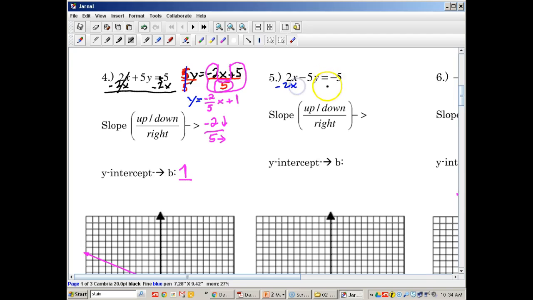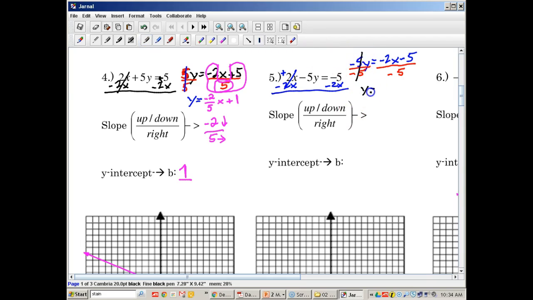Okay. Let's do a few more. It's a positive 2x, so I'm subtracting 2x to get 0. So we have negative 5y equals negative 2x minus 5, and then finish by dividing everything by negative 5. Same sign, so that cancels out.